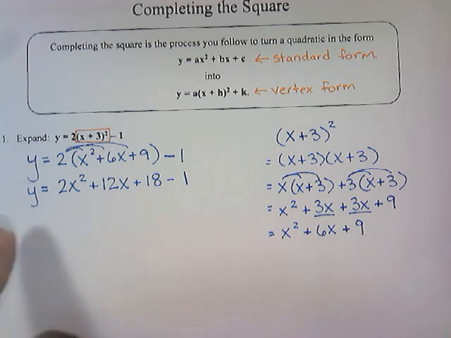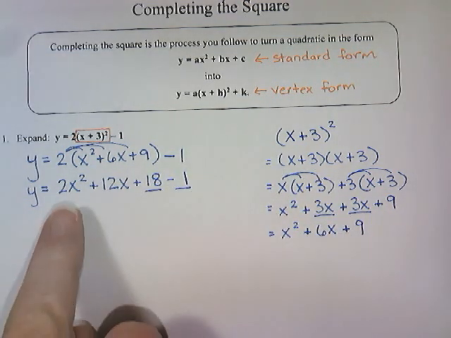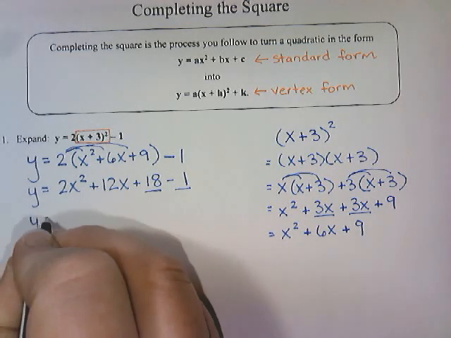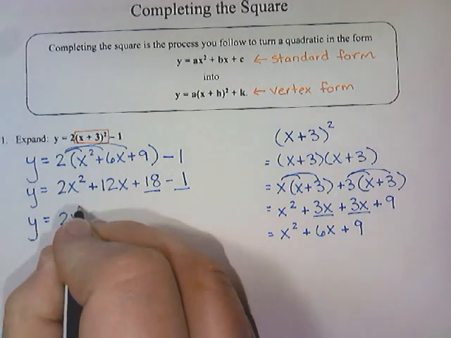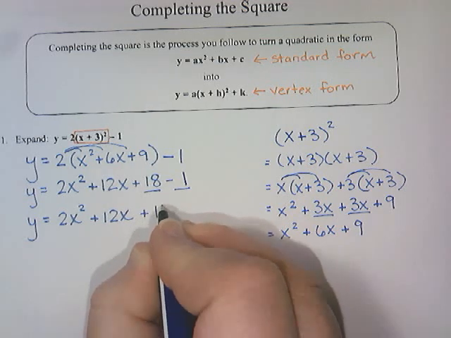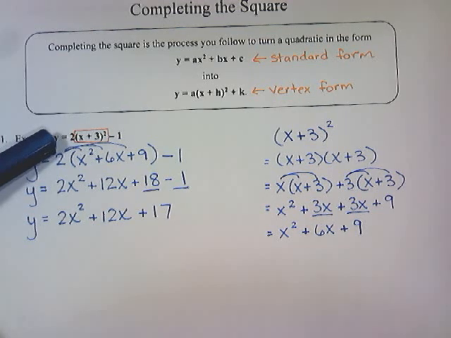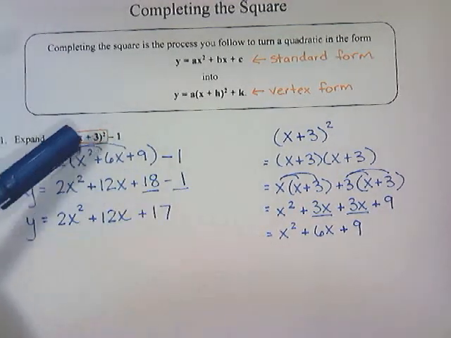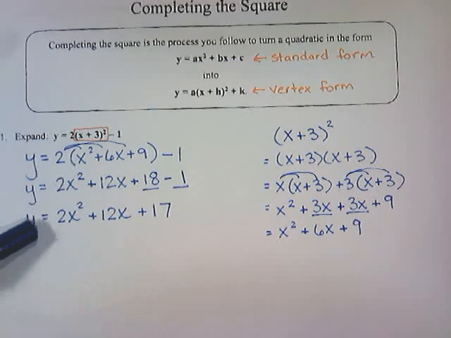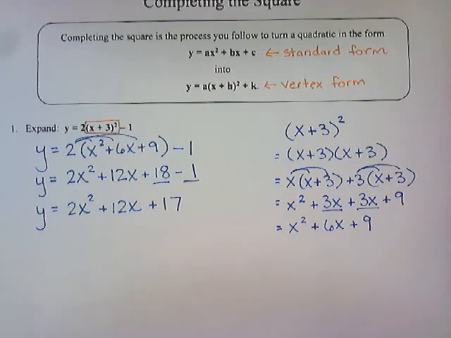So I am going to collect the 18 and the negative 1 because those are like terms. And unfortunately, the 2x squared and the 12x are not. So this is going to be 2x squared plus 12x plus 17. So if I take the equation that is in vertex form, I multiply out the brackets, we expand everything and collect up our like terms, we get that it's the same thing as 2x squared plus 12x plus 17 in standard form.